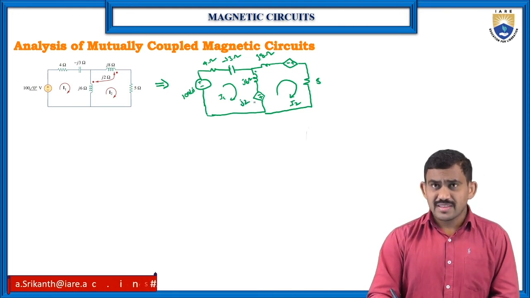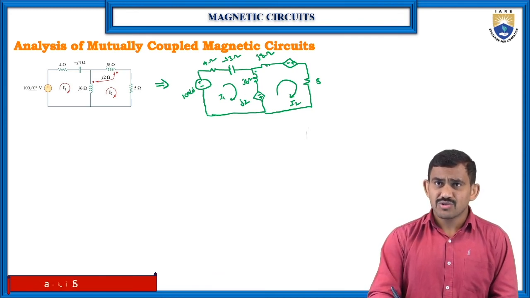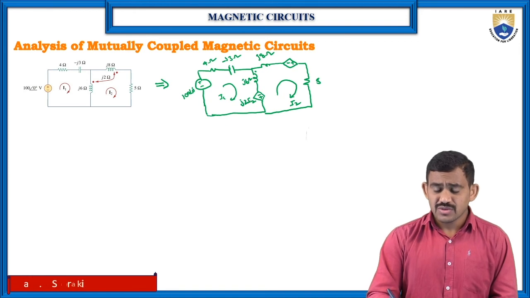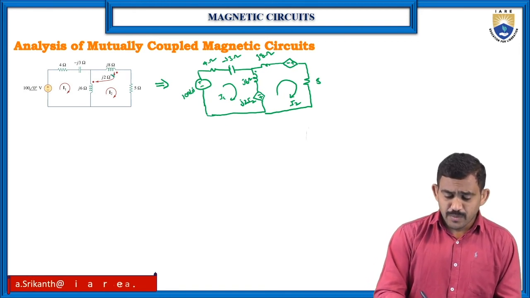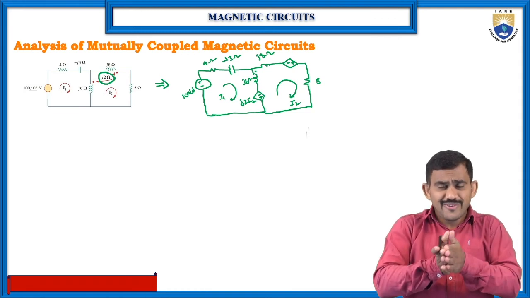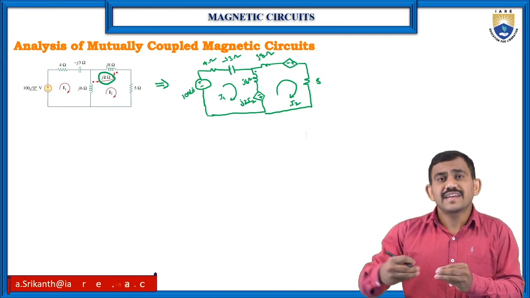So when I am writing the loop 1 equation, the current is I2 current. Here, mutually coupled J2 ohms has I2 current.